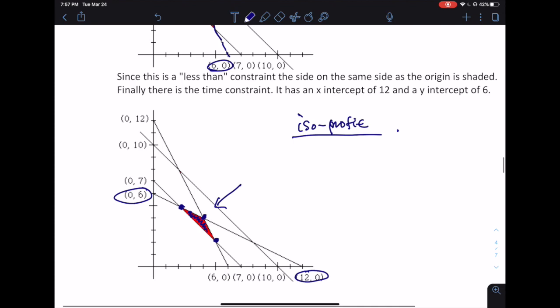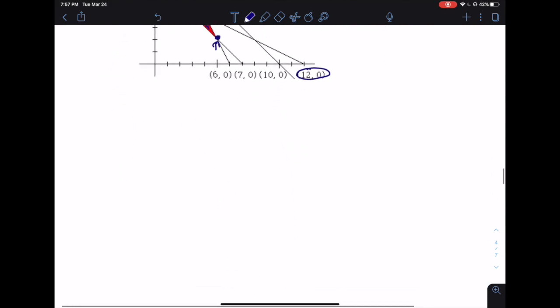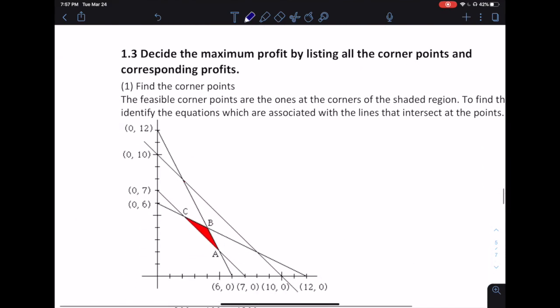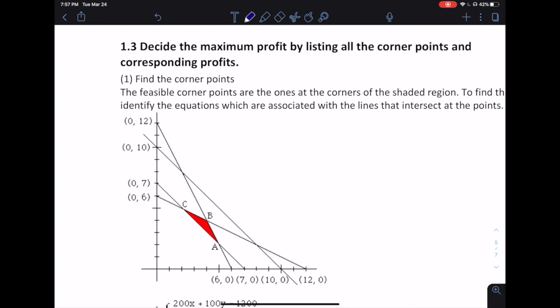So what we have to do is we can check the profit for all those three corner points. Okay, so here in the next page, let's say we have 3 points A, B, and C. Each point is the intersection of two lines.